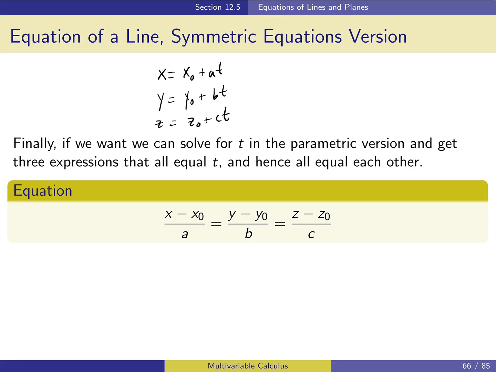For the next one, we'd get t equals y minus y naught over b. And for the third one, we'd get t equals z minus z naught over c. Since all of these are equal to t, they must all equal each other. And so here's another way of writing the equation of a line in 3 dimensions. It's called the symmetric equations version, and we get this triple equation here, that all 3 of these quantities need to be equal. And if x, y, and z are such that these quantities are equal, then the point x, y, z lies on the line.